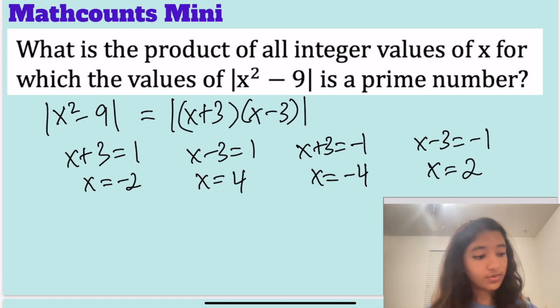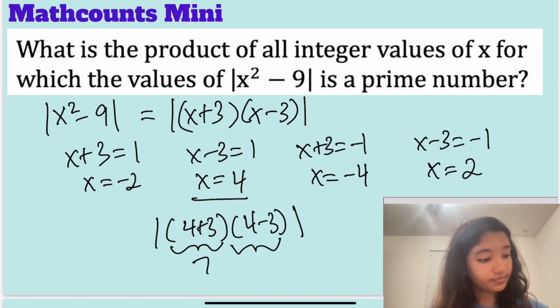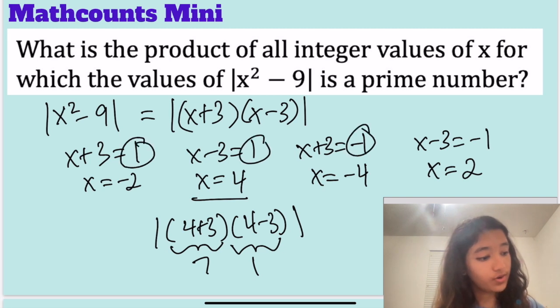So the reason that this works, let's just say we'll take x equals 4 as an example for one of these. If we plug that in, then we have the absolute value of 4 plus 3 times 4 minus 3. And 4 plus 3 is 7, which is a prime number on its own. And then 4 minus 3 is 1, which is what we were looking for with setting all of these equal to 1 or negative 1.